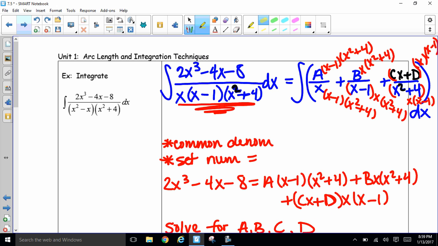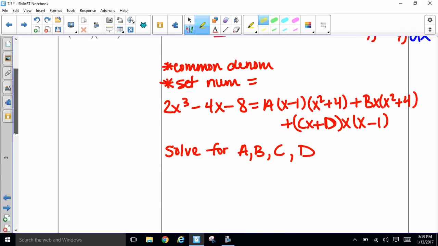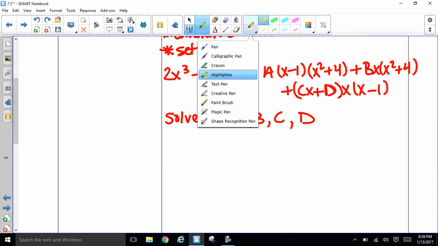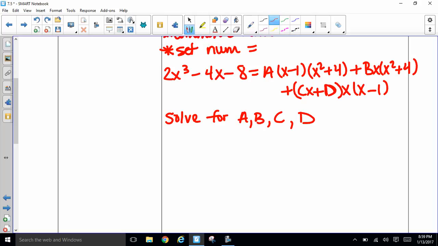And then if you go to the second example, this is still a good strategy, and so I'll show you that. If we're going to solve for a, b, c, and d, we're going to use the method of picking convenient x's.